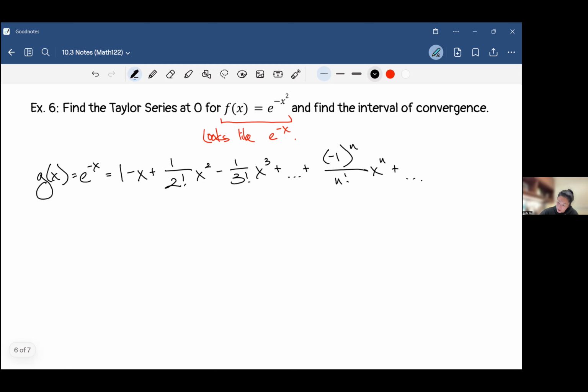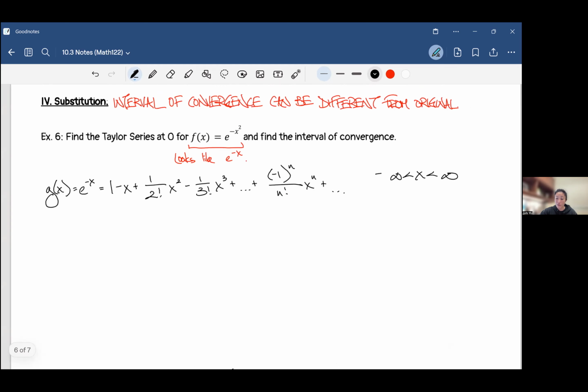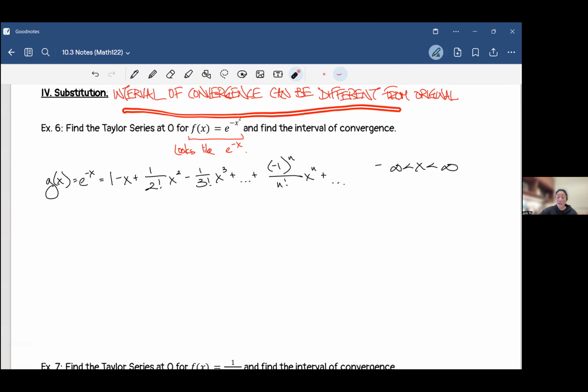I also know that this converges everywhere. And when the original converges everywhere, your Taylor series with the substitution will also converge everywhere. But we're going to see in example 7, and I believe example 8, that that's not going to be the case. So that's why I wanted to preface this with the interval can be different from the original. It's not going to be in 6, but it will be for 7 and 8.